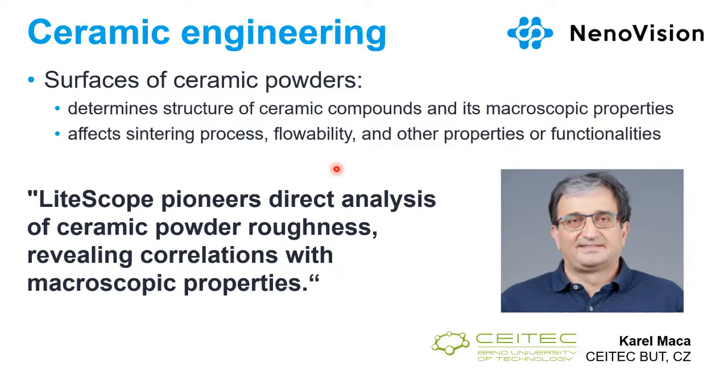We cooperate with Professor Matza from SATEC BUT, and he said a nice quote that LiteScope pioneers direct analysis of ceramic powder roughness, and he doesn't know of anyone who does research like this. He tries to reveal correlations with macroscopic properties of these materials.